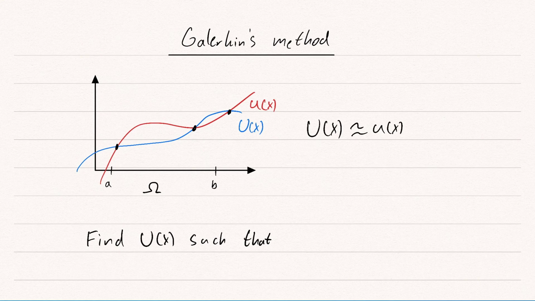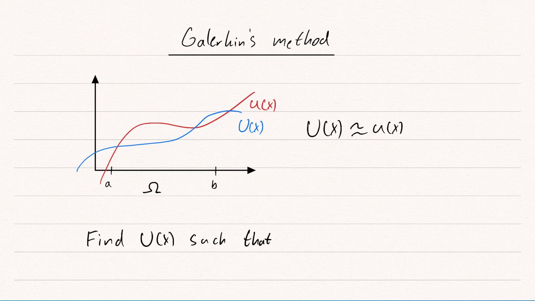Obviously at these intersection points, u of x is exactly capital U of x, so the approximation is exactly the same as the actual function. But on average, the error between these two functions is going to be big.